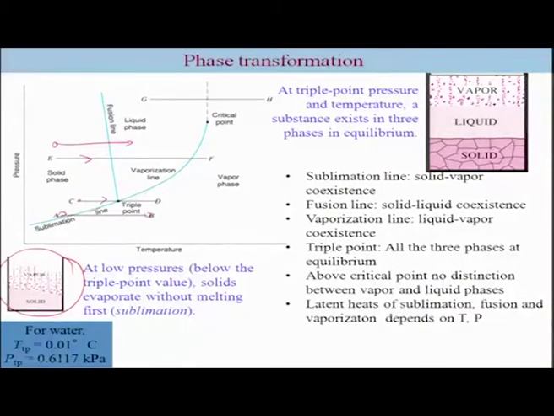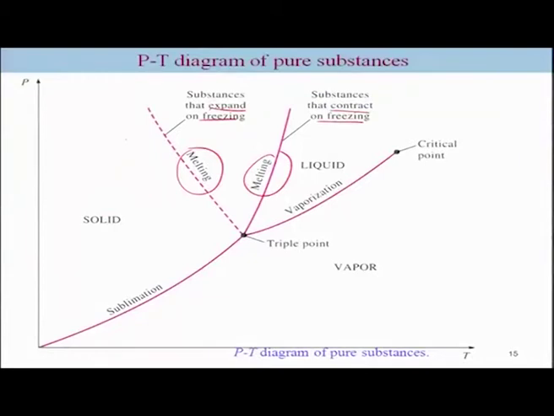Okay. The phase transformation will be a little bit different if you are coming from a point here, which is a case for a substance that expands on freezing, in the liquid phase, and you decrease the pressure at a constant temperature. You will reach the solid phase and subsequently reach the vapor phase.